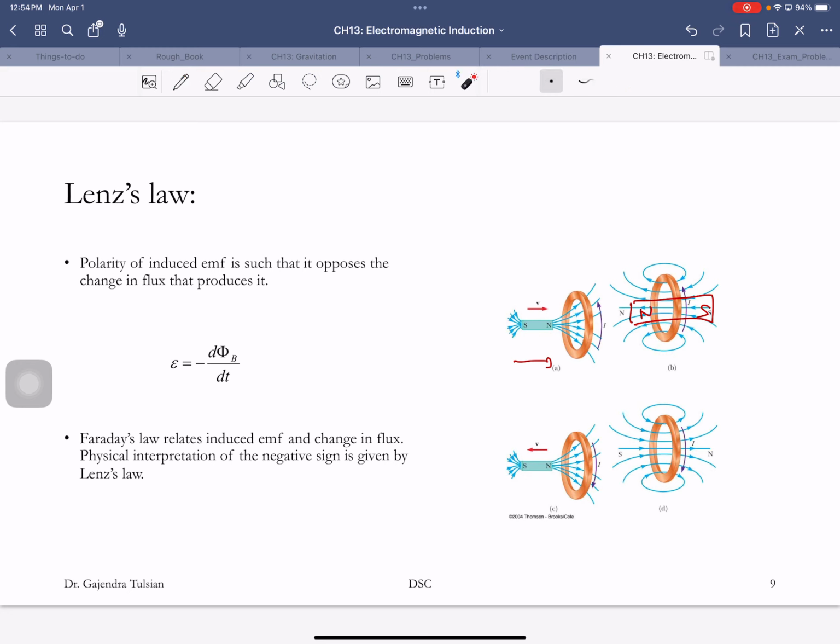And what is the induced current doing? It's opposing this motion. The induced current is like biting the hand that's feeding it. So the induced current is opposing the change that is producing it. And that's what Lenz's law says. For instance, when the magnet is trying to move away, the induced current is like that, and this is a south pole, and it's telling the magnet, hey, don't go away.